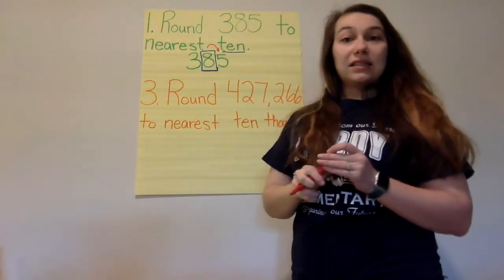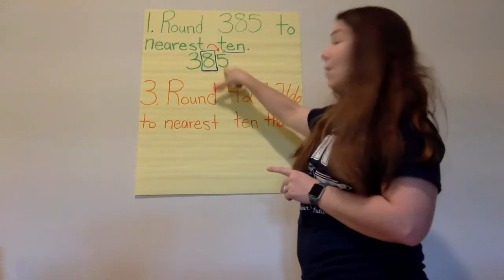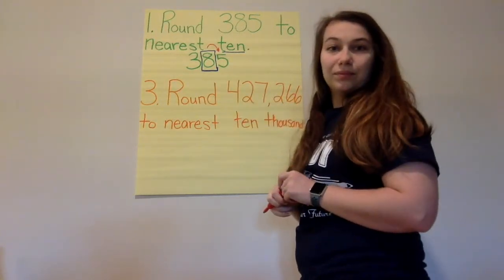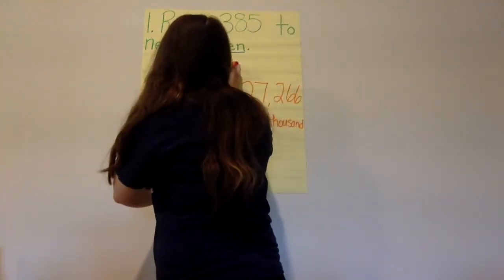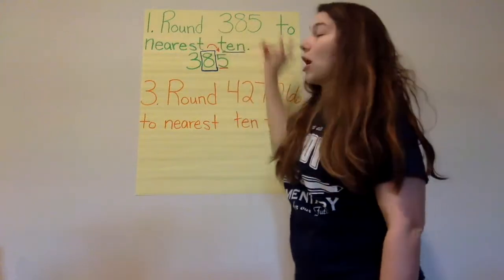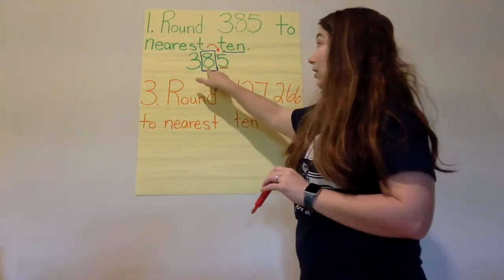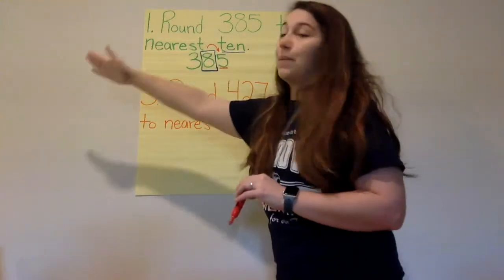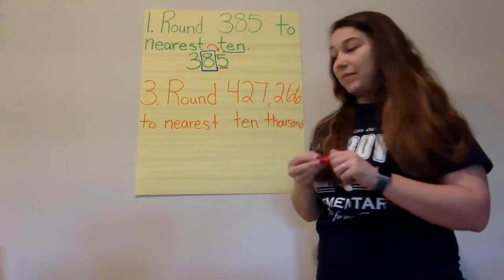So in this case, if we're in the 10 spot and we're going to the right, what place is this? The 1s, very good. So the 1 spot in this problem is going to help us determine whether this 8 rounds up or if this 8 stays the same.